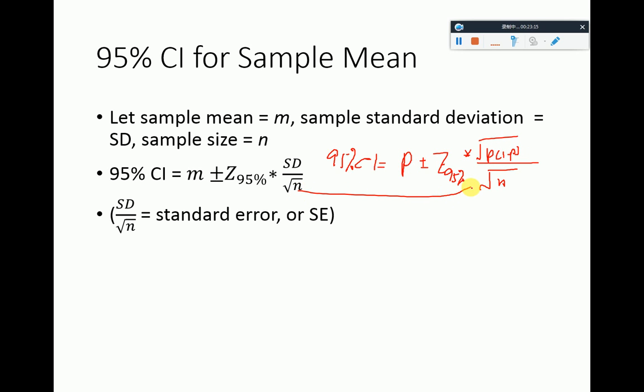This part is the same. The only difference is the numerator. The numerator for the standard error for the sample mean is its standard deviation, and here it is the standard deviation for sample proportions. So it's very much the same.